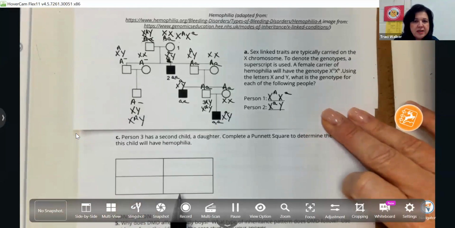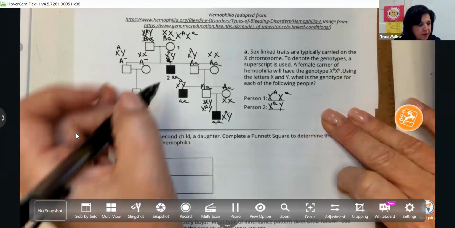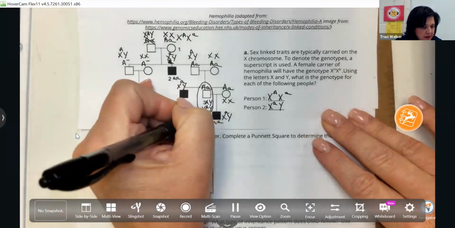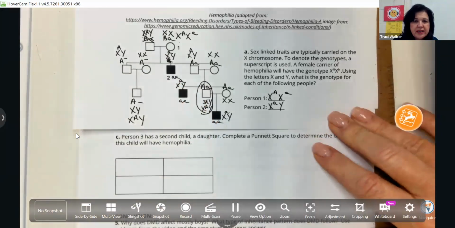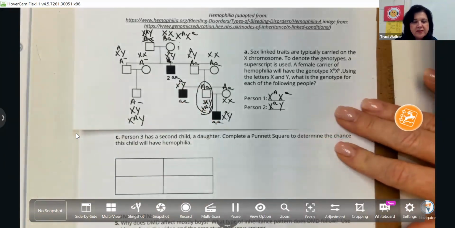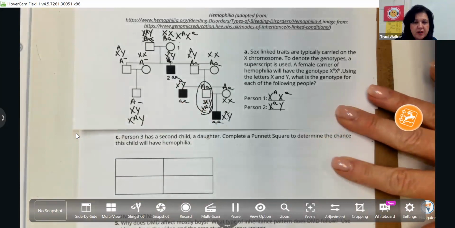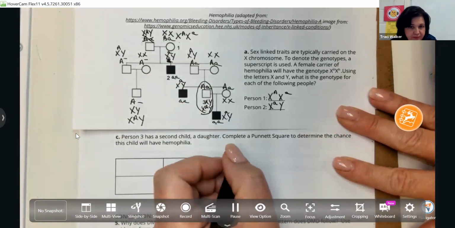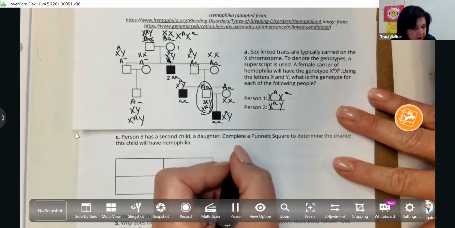So person number 3 is right here. If person number 3 has a second child, a daughter, complete a Punnett square to determine the chance this child will have hemophilia. Okay, so person number 3 is a male that does not have hemophilia.